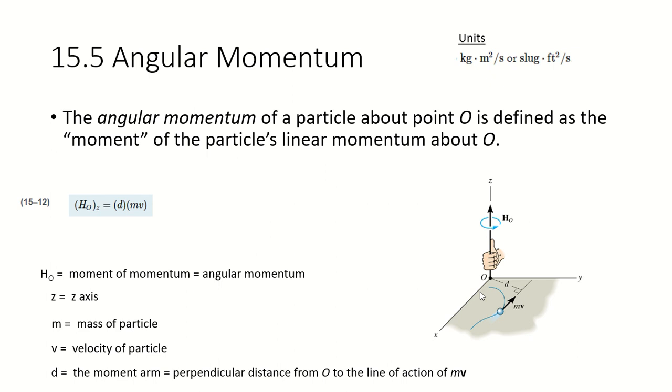We want to take a look at the moment of the particle's linear momentum about that point O. So the angular momentum is nothing but the moment of that particle's linear momentum about the point O.